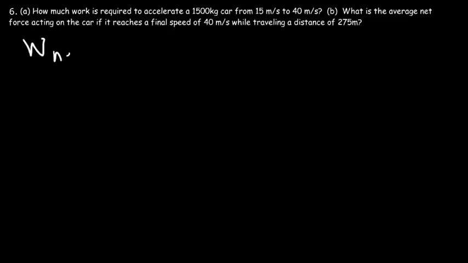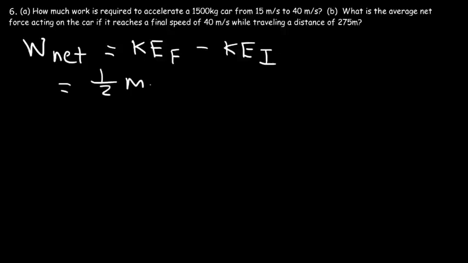So keep in mind the net work is equal to the change in the kinetic energy. So that's the final kinetic energy minus the initial kinetic energy. So it's 1/2 mv final squared minus 1/2 mv initial squared.